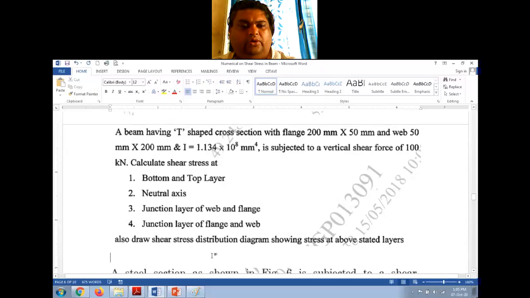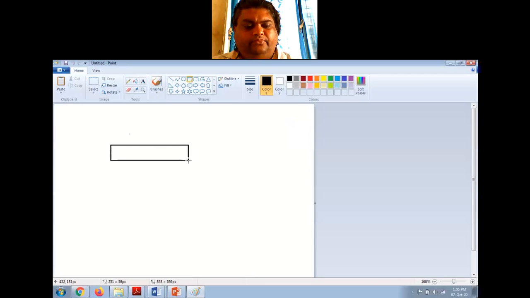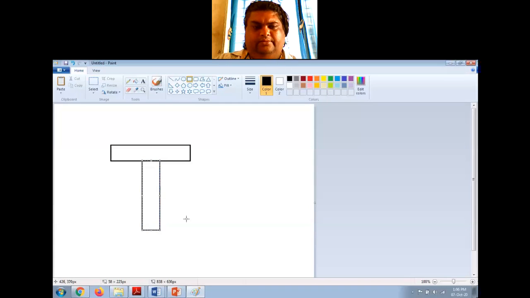Okay. So what we will do is first we will try to draw a diagram for the cross section of the beam. Like he has said, it is a T section. T section is like this, just like this, and it is symmetric about the vertical axis.